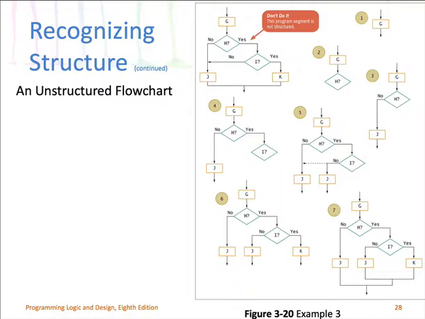And in 5, what we need to do, instead of connecting the no of the I condition to the no of the H condition, we just need to repeat the statement. We need to say if the answer is no, then we need to do J. If it's yes, then we need to do K. And then we would connect all those together and continue on to whatever the next statement or next step might be in our flowchart.